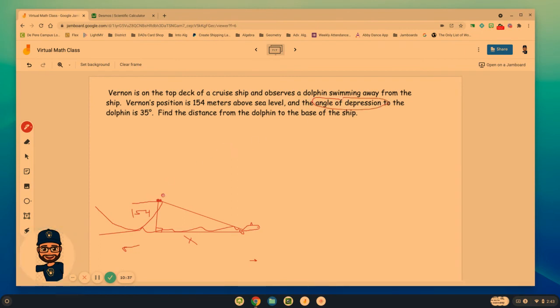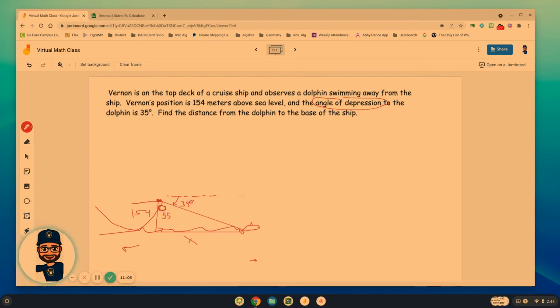Remember, if you're standing up here and all of a sudden you decide to look out, you look out at this straight line. That's called your horizontal. When you look down, that's the angle of depression, which is 35 degrees. Which means the angle we need to use, which is right here, would be not 65, but 55. It'd have to total 90.